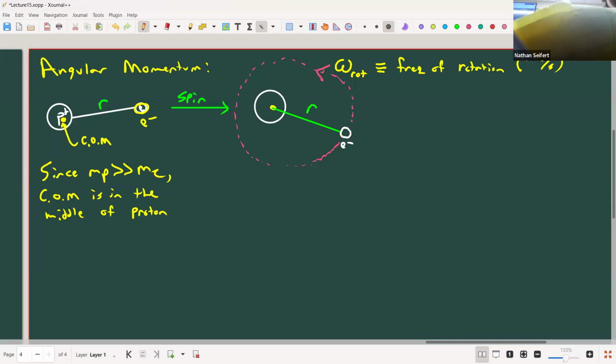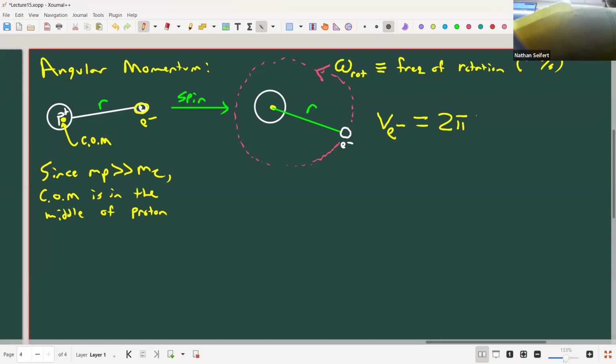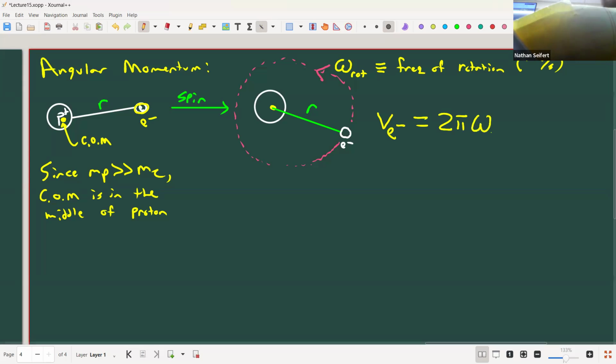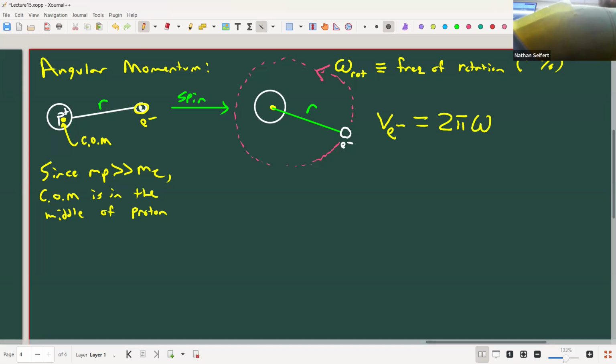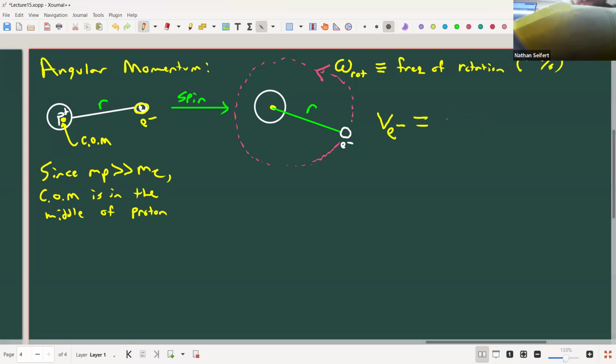And the velocity of the electron is... sorry, no, get rid of that 2 pi. I apologize.